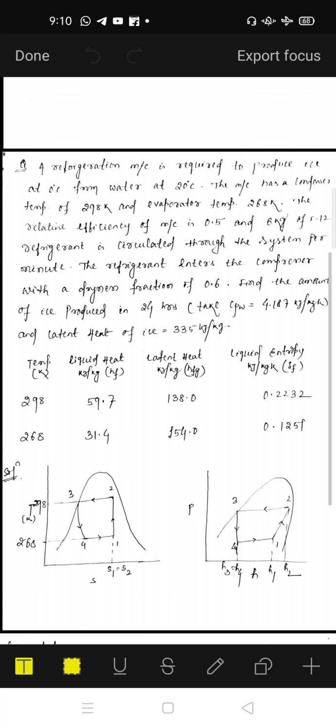Okay, now look here. The question says a refrigeration machine is required to produce ice at 0 degree centigrade from water at 20 degree centigrade.